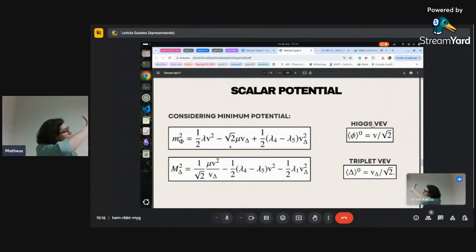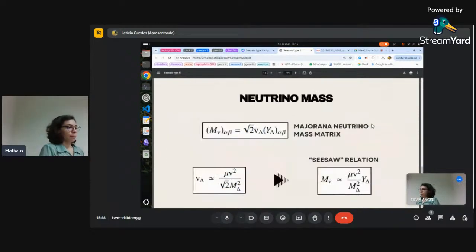So the other two terms have to be small. So what we consider is this, the VEV of the delta, that is this v delta, is really small, much smaller than the VEV. And this lambda 4 and lambda 5 are similar. So here you have the Higgs VEV and the triplet VEV.